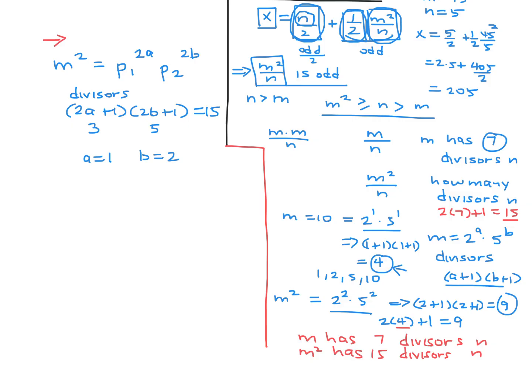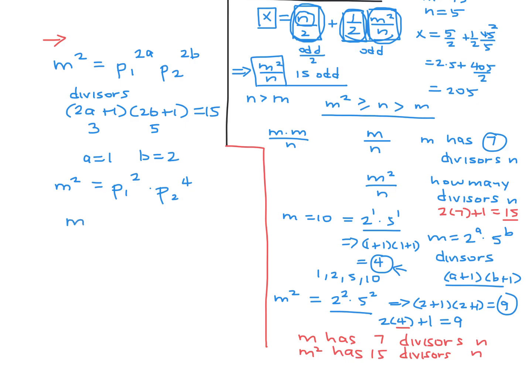So that basically means you have a scenario where m squared is of the form some prime number to 2a, which would be 2, and then another prime number to 2b, which would be 4.